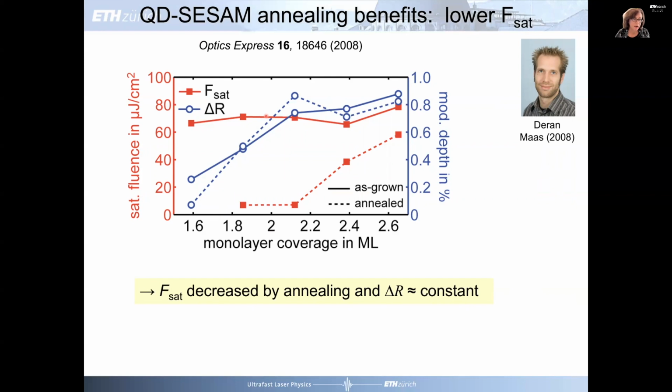But by annealing, we can lower the saturation fluence to an acceptable level, around 10 microjoule per square centimeter or even below, but only if we grow a maximum level of monolayer. You can see this is the sweet spot here. So we get sufficient modulation depth, because with this monolayer we still get about 0.8% modulation, and low saturation fluence.